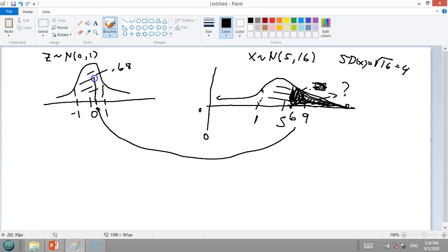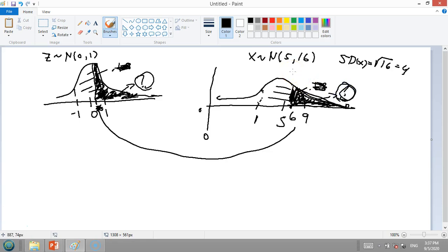It's a normal 0, 1, and the whole idea is if I can get the probability of this number here, and I'll call it this little z, on the z distribution, this is going to be the exact same area as this one. So these areas are going to be exactly the same.